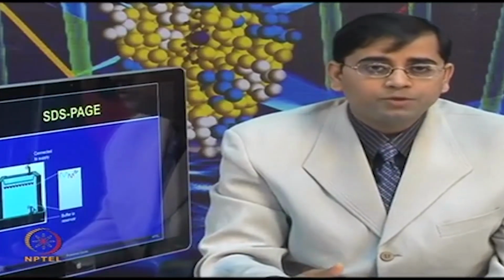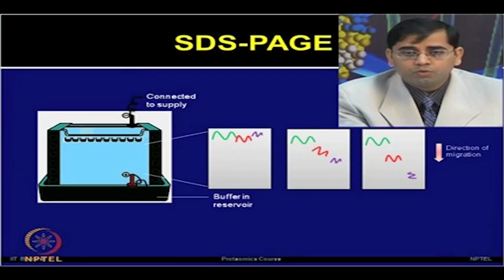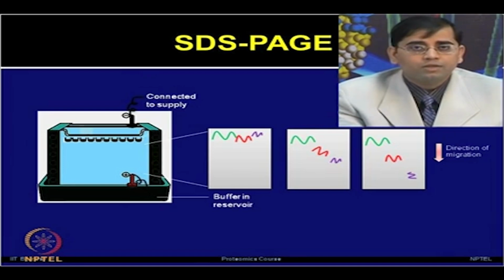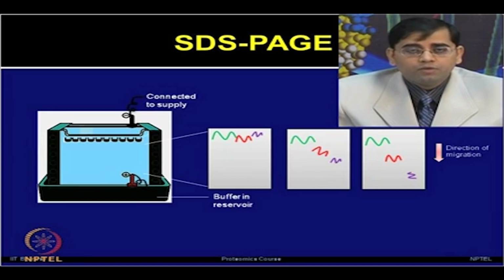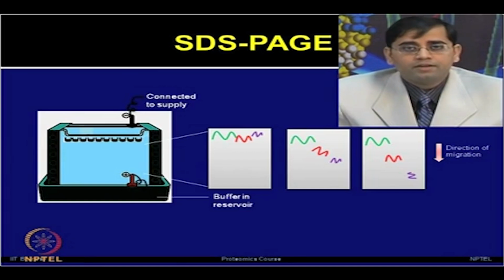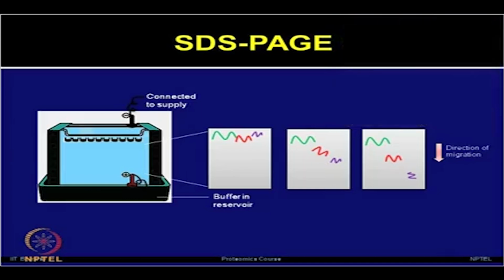Once this protein preparation is done, then you can load this protein on SDS page gel, and based on the molecular weight, the lower size proteins will migrate the furthest and the higher molecular weight protein will remain near the top surface of the gel. So, depending upon the protein size, you can separate the protein based on the lower and higher molecular weight in this SDS page gel. You can add the standards or known molecular weight proteins to determine your unknown proteins.